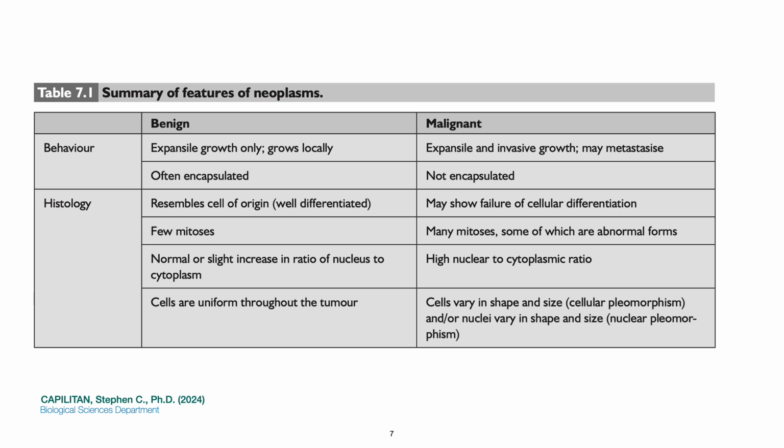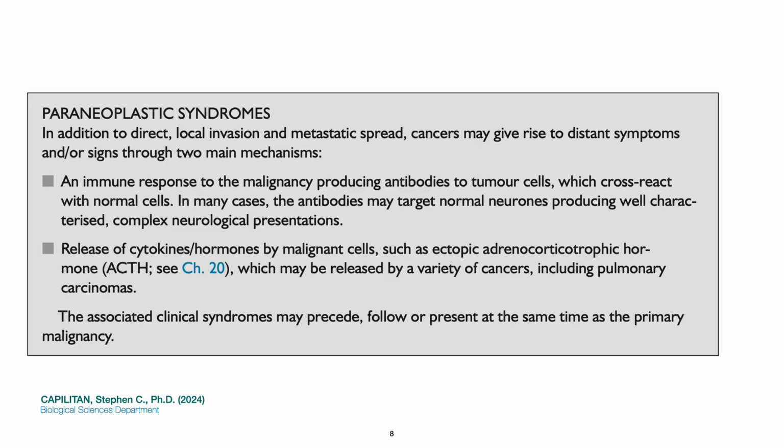Whereas malignant tumors may show failure of cell differentiation. They have many mitoses, some of which are abnormal forms. There is a high nuclear to cytoplasmic ratio, and cells vary in shape and size, which is cell pleomorphism, and the nuclei vary in shape and size, which is nuclear pleomorphism.